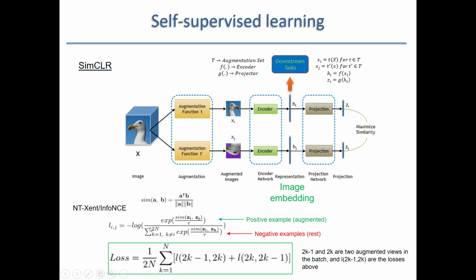So this is the similarity between 2k and 2k minus 1. These 2k and 2k minus 1 are two different augmented versions of the same image. And then we sum over all samples. SimCLR tries to minimize this.